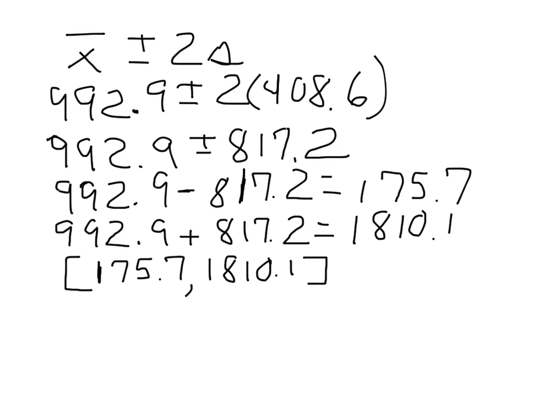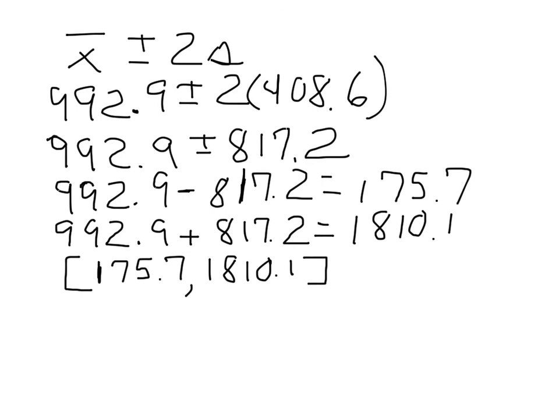Okay, this is actually a two-part question. You set up the interval, and then you figure out how many of the data points fall in this interval. So the interval starts at 175.7. Our first data point is 568, so we'll start counting right at the beginning. We'll take the whole first row, the whole second row, the whole third row, and then take the 1578, 1569, 1629, 1679, and then we'll stop.